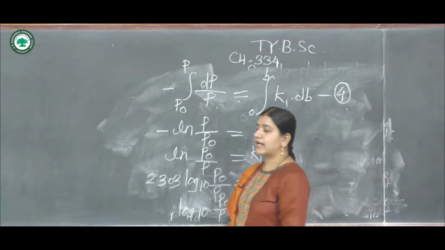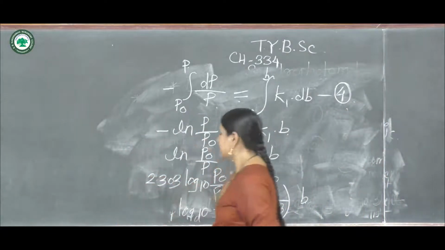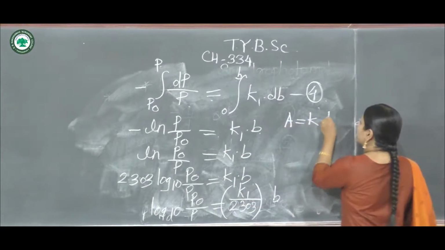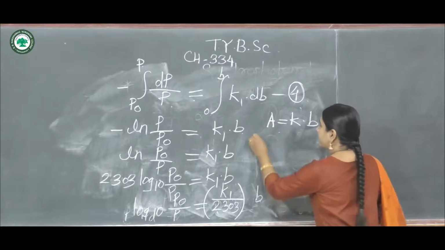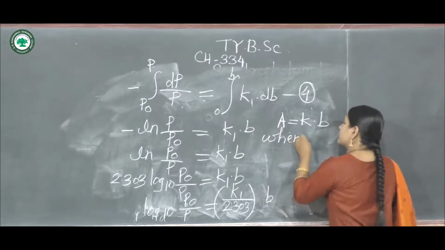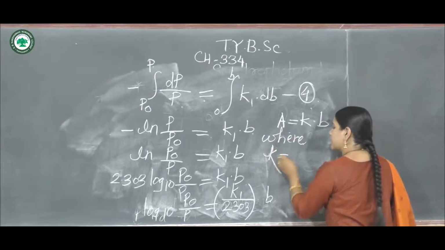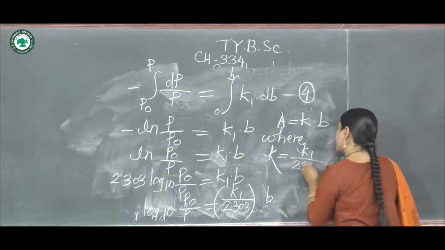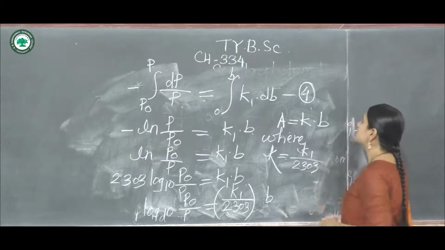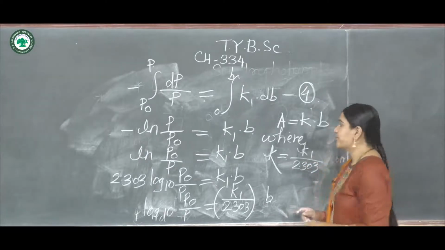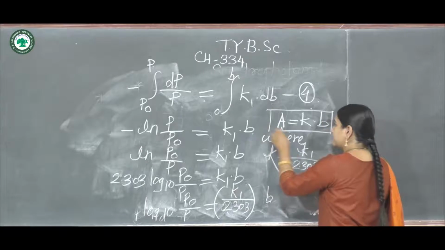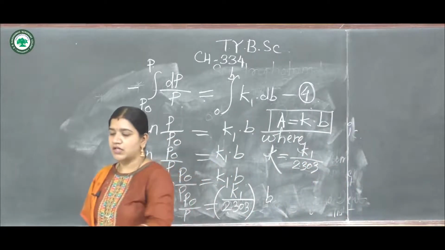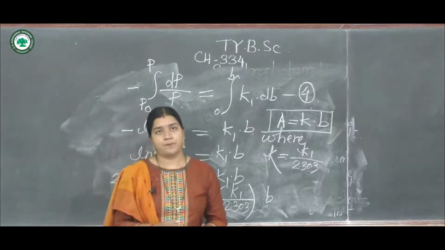So what you can write here is A is equal to k into b, where this k is the constant and it comes to be k1 upon 2.303. This value is constant. So this is the final equation for the Lambert's law.